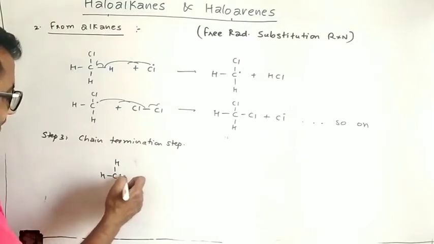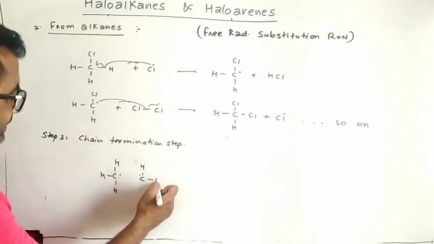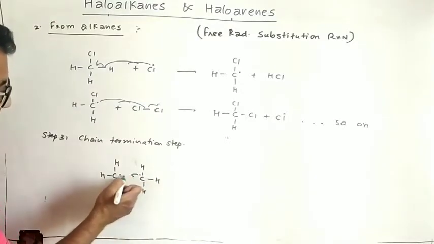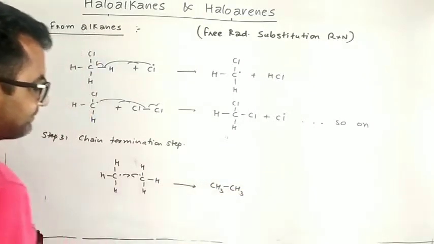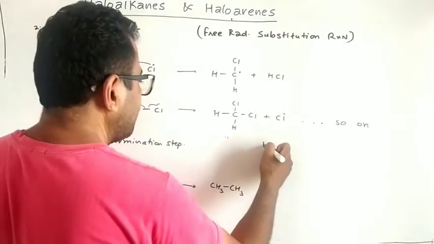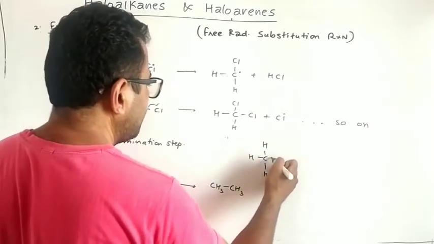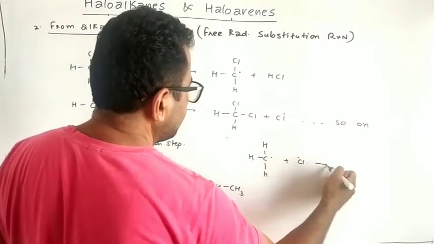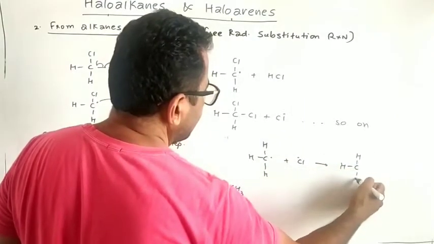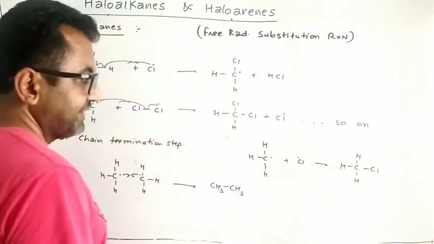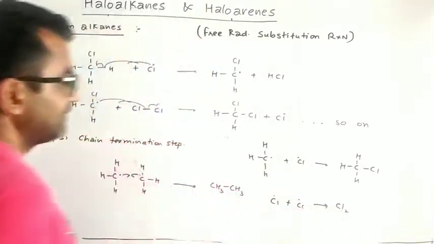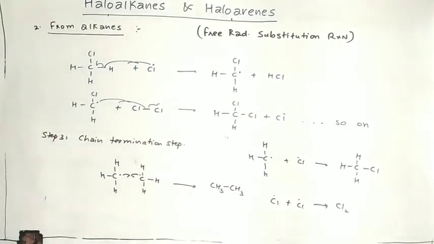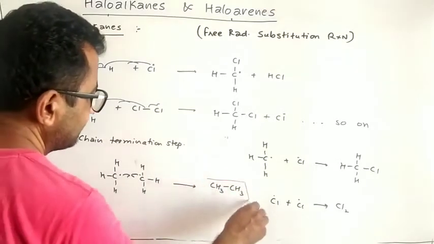By chance, when two methyl free radicals recombine to form ethane, or the free radical produced recombines back with this, no new free radical is generated. By chance, these two free radicals combine. So when there is no free radical, the chain gets terminated. So as you can see, ethane is also produced in this reaction.